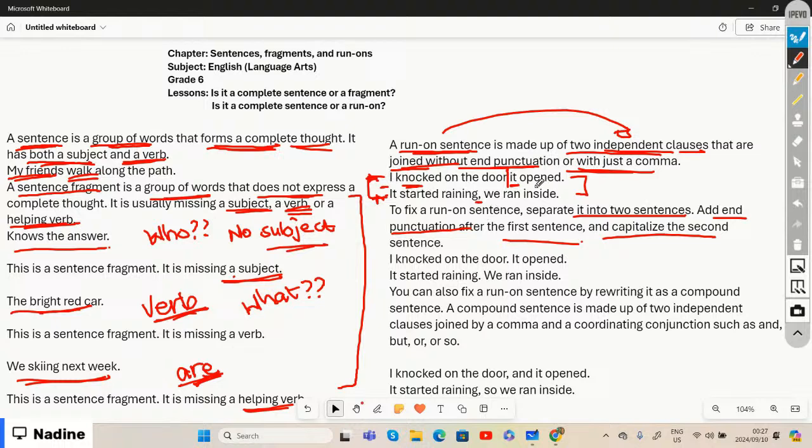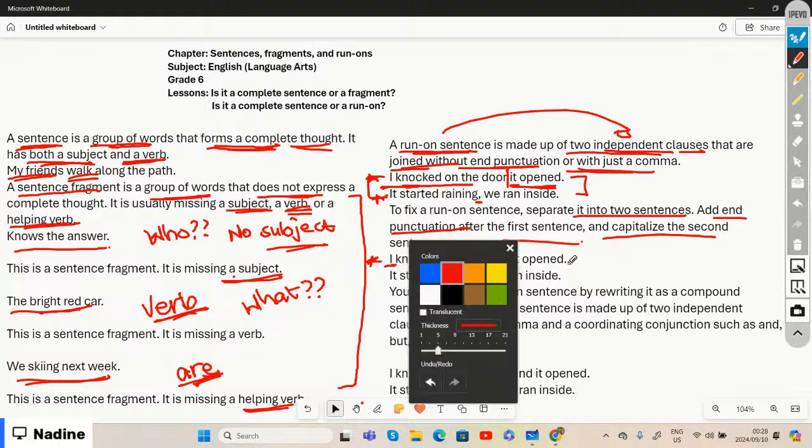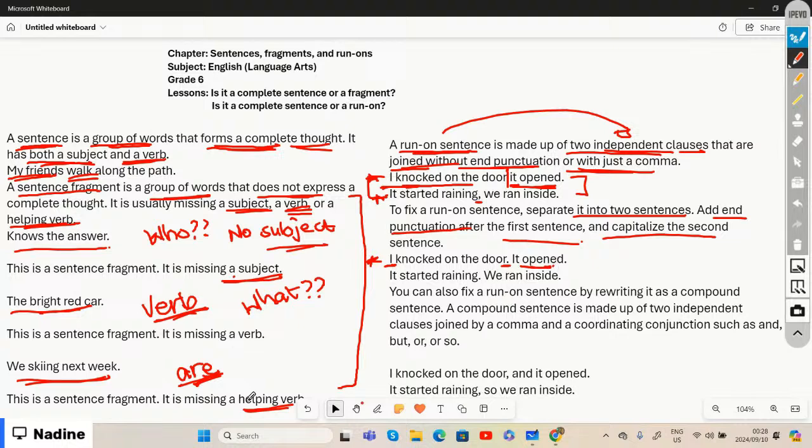The door did, which means we now need to write these two clauses as two separate sentences on their own. We write it like this: capital letter I knocked on the door, period. Now we're starting our second sentence, capital letter, it opened. And there we have our two sentences.